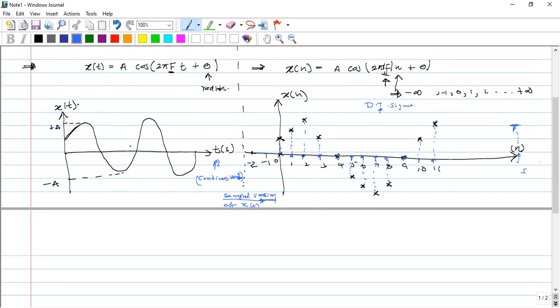We can interpret this discrete time signal as a sampled version of xt.